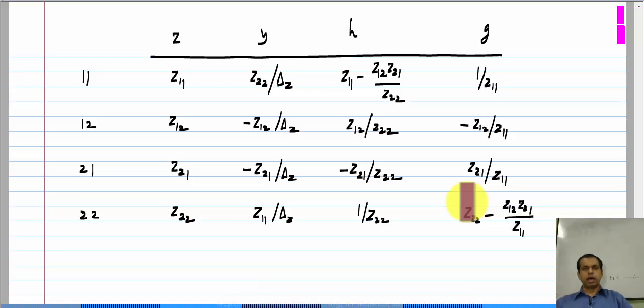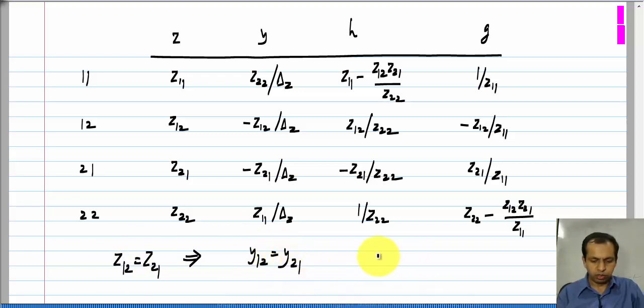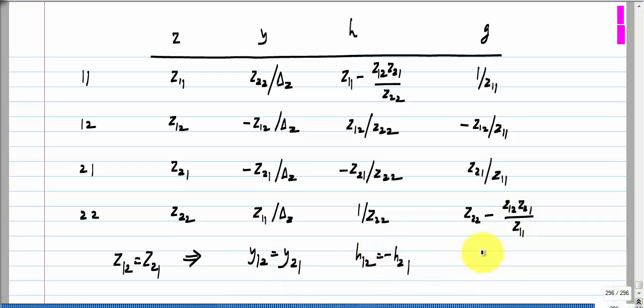Okay. And that holds good, that is reciprocity holds good regardless of which parameter set you choose to represent the two port in. Okay. So, clearly from these relationships, z12 equal to z21 implies y12 equaling y21 or h12 being equal to minus h21 or g12 being equal to minus g21.